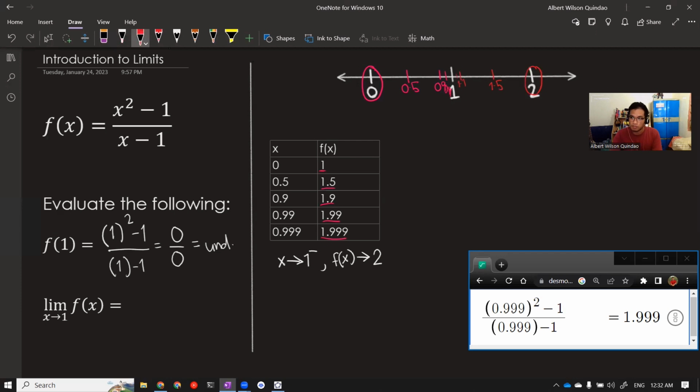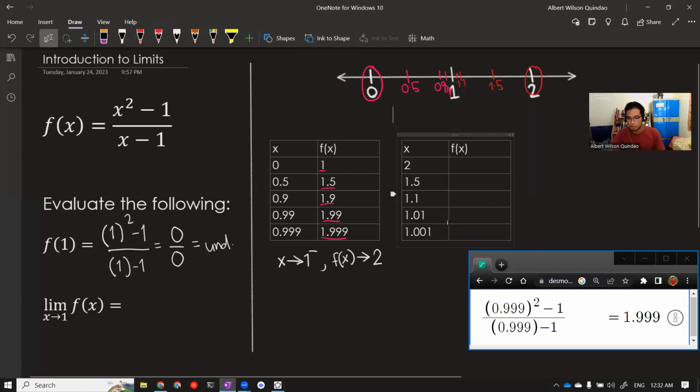Then si 1.01. And then si 1.001. So papalapit tayo ng papalapit kay 1. Pero this time from the right or from the positive direction. So try natin kunin yung mga function values nila. So again, we will start with x equals 2. Tapos yun, unti-unti tayong lalapit kay number 1.